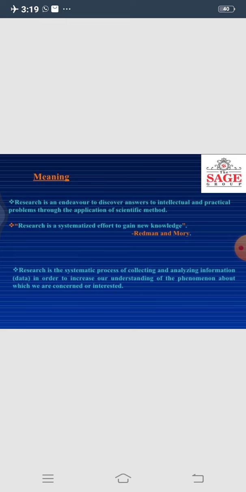Will it be successful in this geographical area? How should the segmentation be done? All these are my practical problems, and a good research will help me to understand the solution to it. And intellectual problems, we can have some research done for the knowledge base of that particular area.